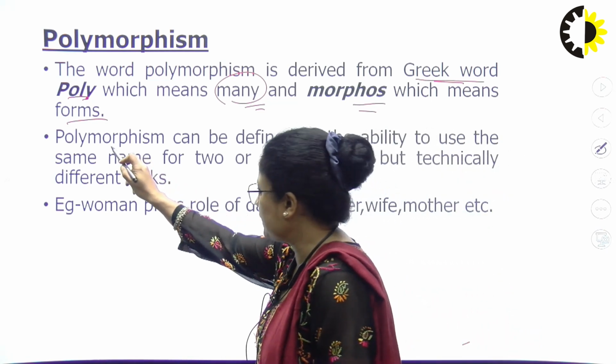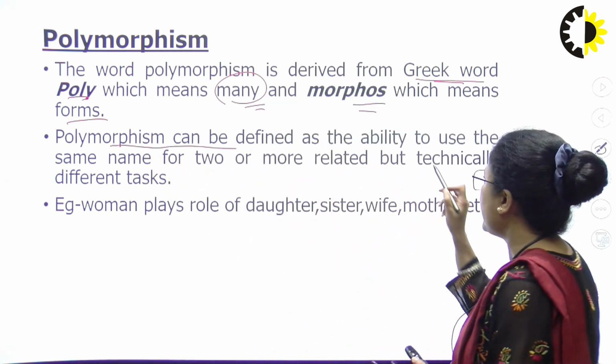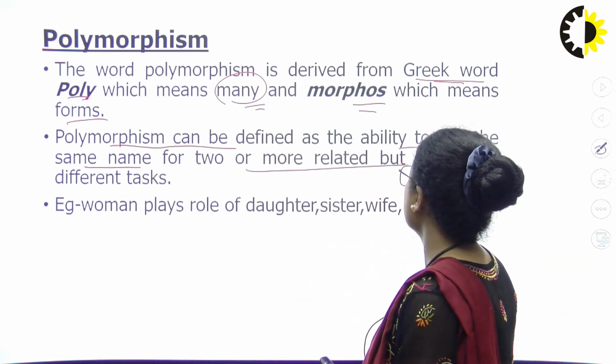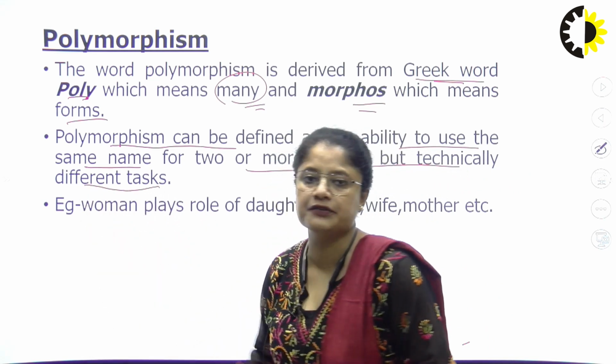So we can define polymorphism as the ability to use the same name for two or more related but technically different tasks.